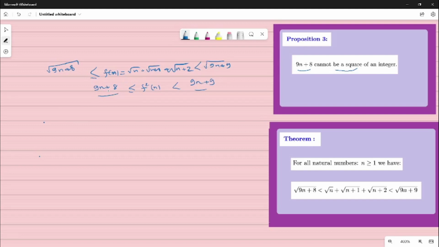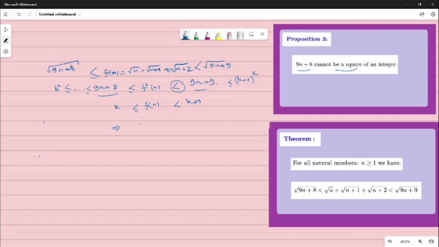and because 9n plus 8 is not a square, there must be the first square on the left. 9n plus 9 can be a candidate square, but if it is not, we will find the first square here, and it is of course k plus 1 squared, and then we have f of n between k and k plus 1, because this inequality is strict.